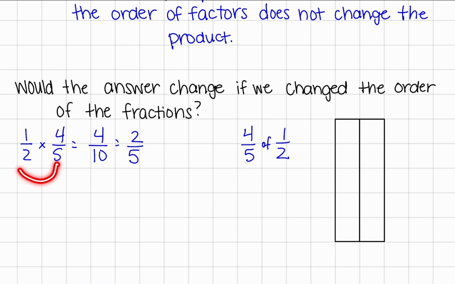What if we switch these? What if instead I said it was 4/5 of 1/2? So we would draw our square or our model and we'd break it into 2 because we're going to color 1/2. So our first one, we're going to color 1/2 of our model.